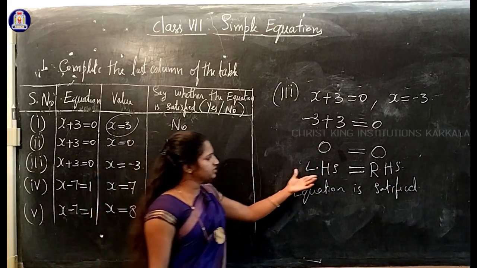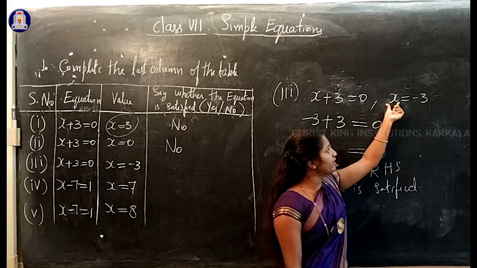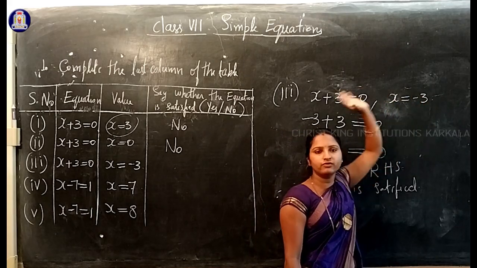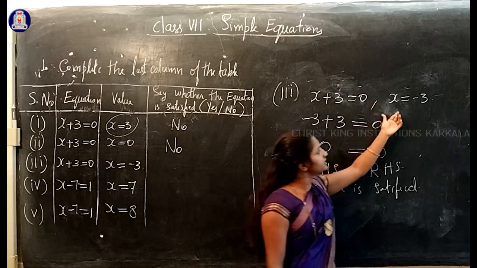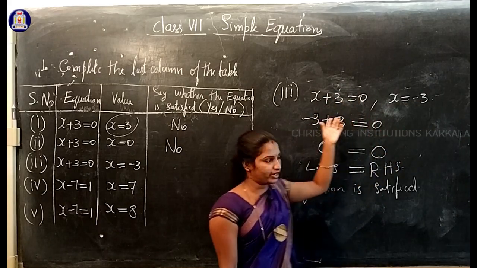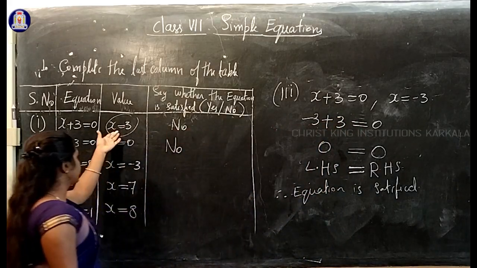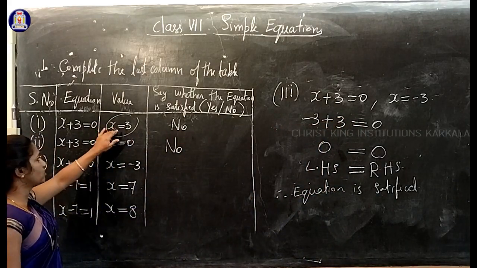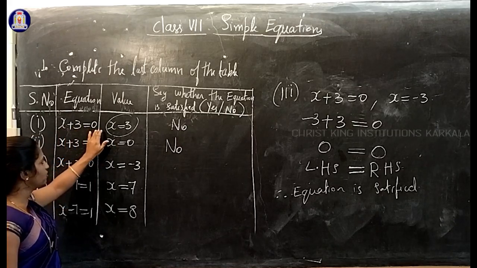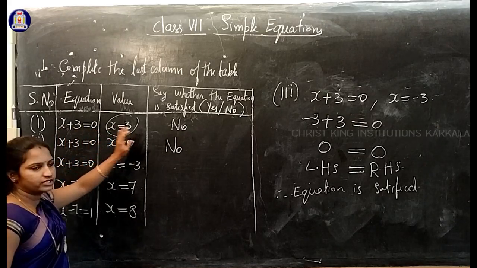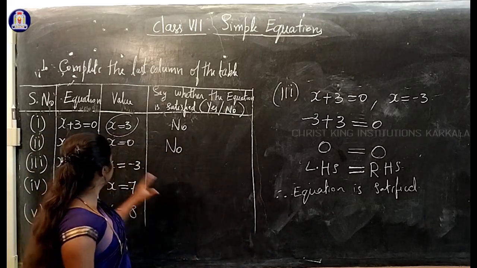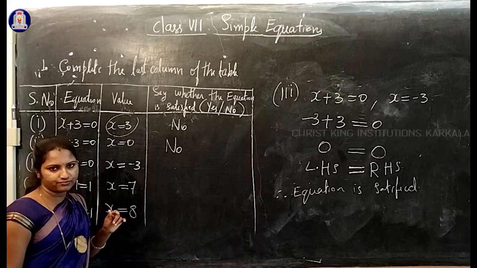The equation is satisfied if the value of x is equal to minus 3. So this is the solution for this equation. Clear? x is equal to minus 3 is a solution for this equation. If I write any other value, if I write x is equal to 3, this is not a solution, because x plus 3 is equal to 0 and if you substitute the value, that equation will not be satisfied, right? The second equation also was not satisfied.